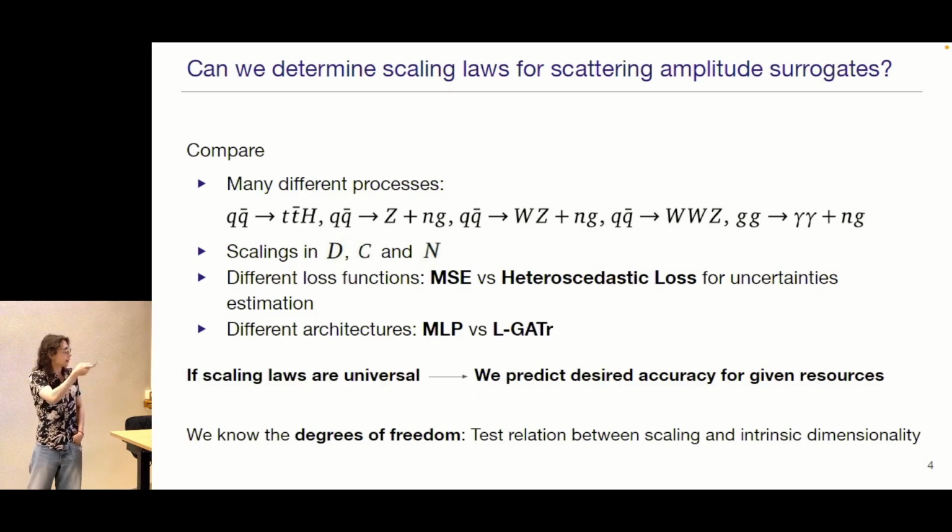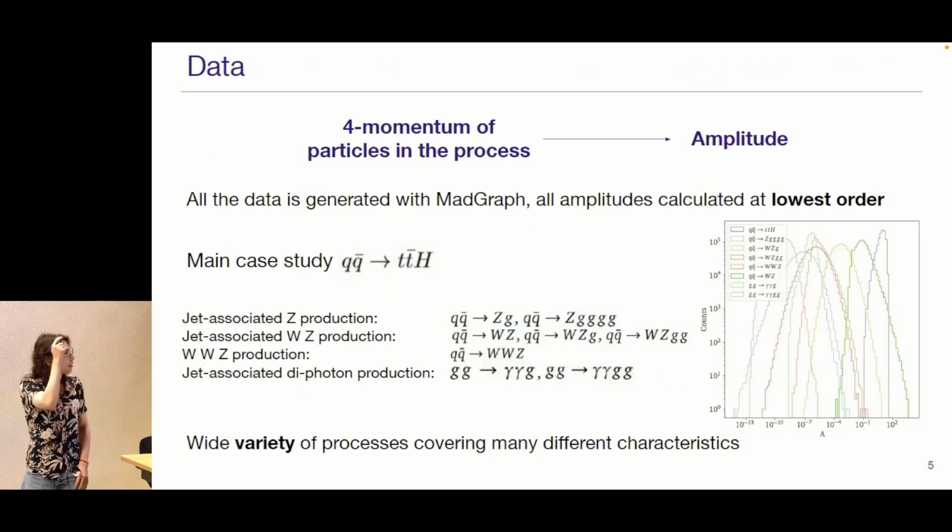And as a bonus, because this is very theoretical, we know the degrees of freedom of our process. We're just looking at the Feynman diagrams of a process. So we can put to the test this relation between the scaling and the dimensionality of the problem, which will be nice to see.